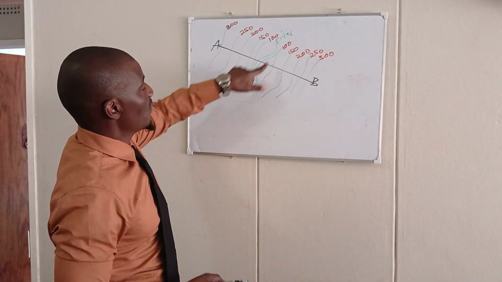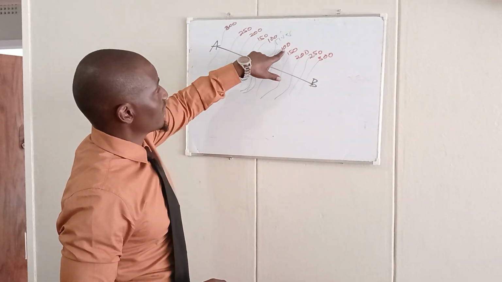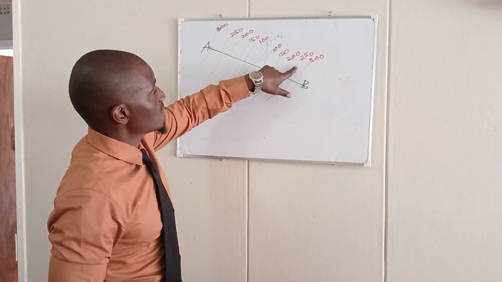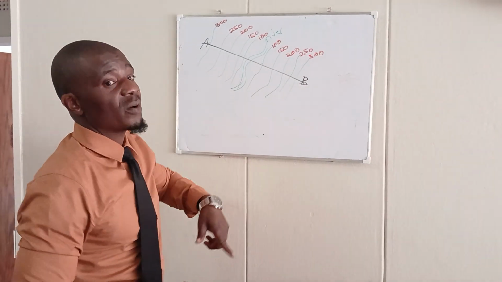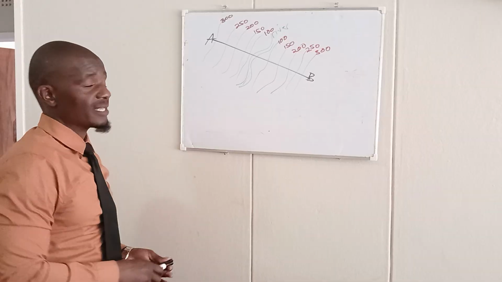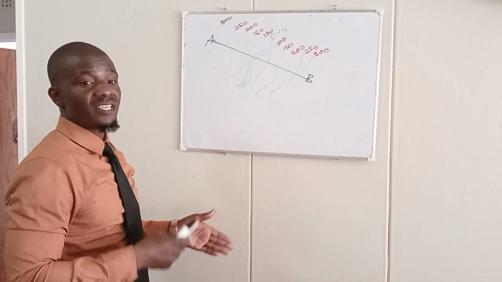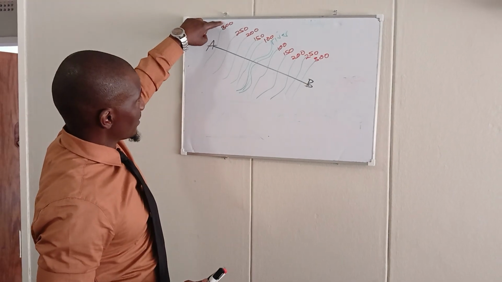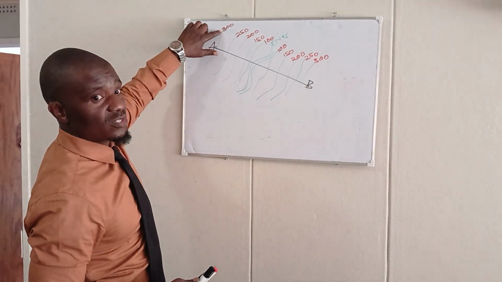Then in between, we have a river. From the river, we have 100 meters, 150, 200, 250, and 300. When we talk about the cross-section, this is a representation of the rise and fall of a landscape, so here we have the higher land, which is 300 meters.